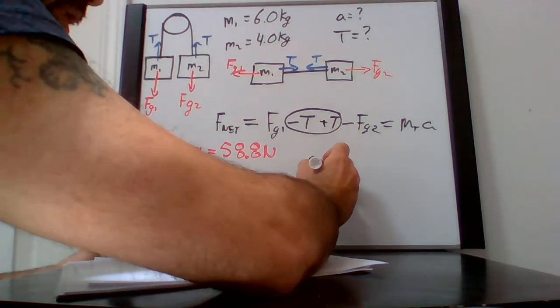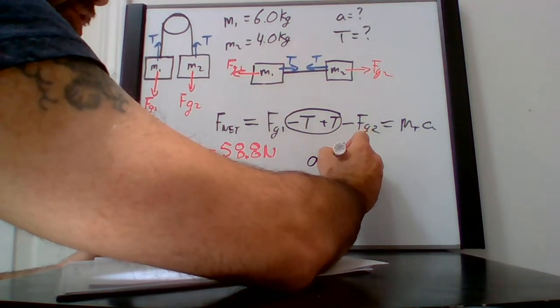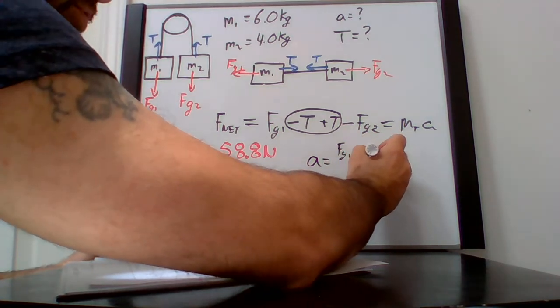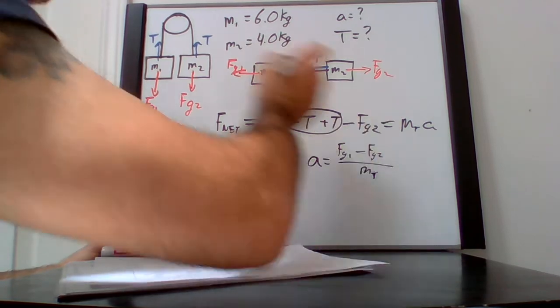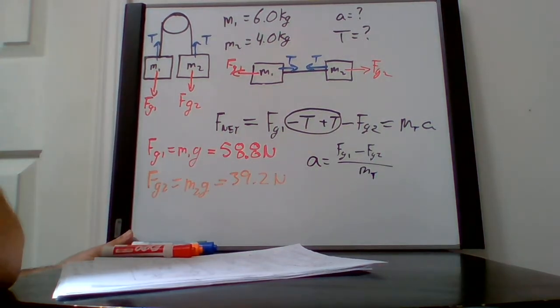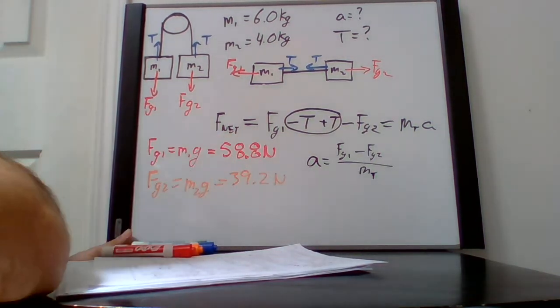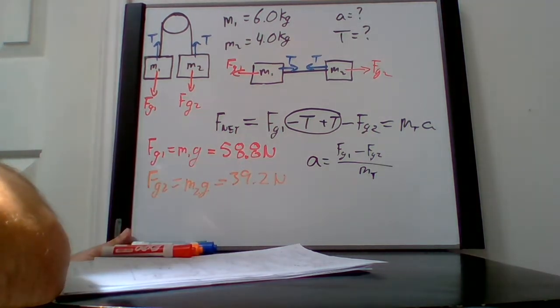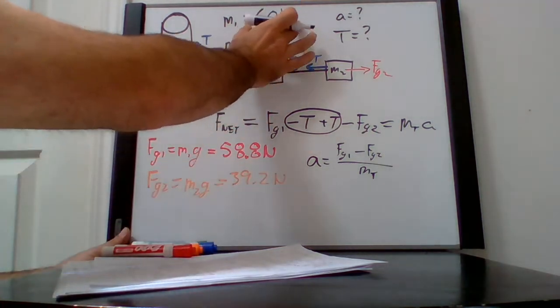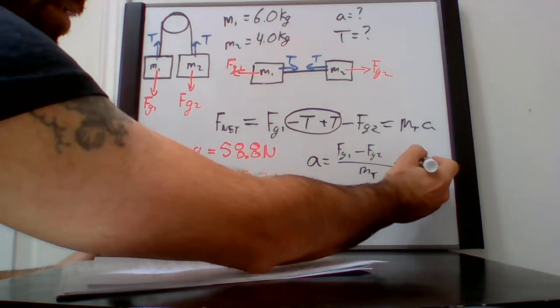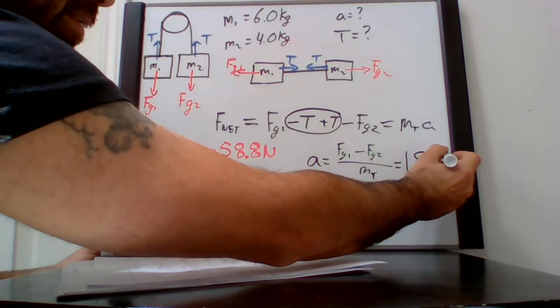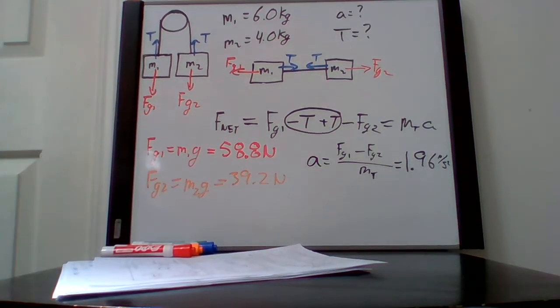In this situation, acceleration is Fg1 minus Fg2 divided by my total mass. 58.8 minus 39.2 divided by my 10 kilograms for my total. This gives me 1.96 meters per second squared.